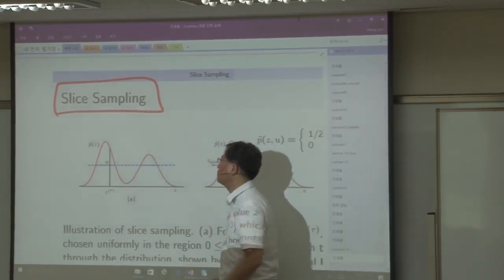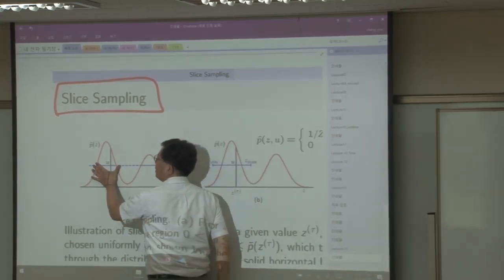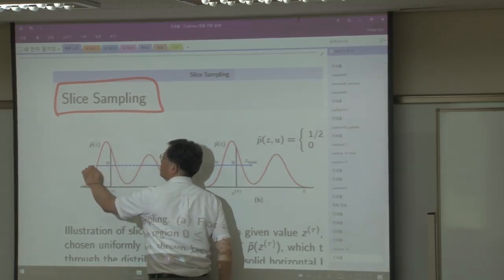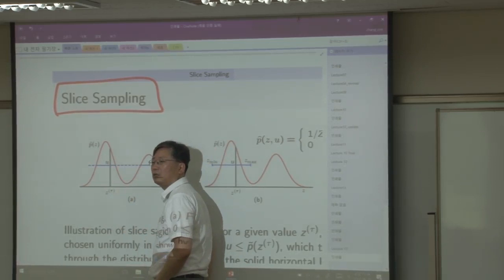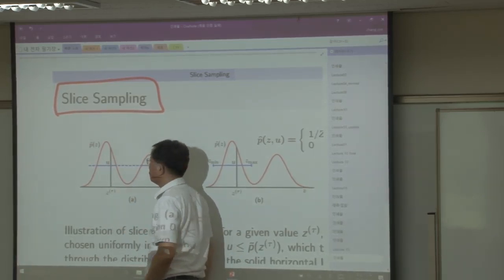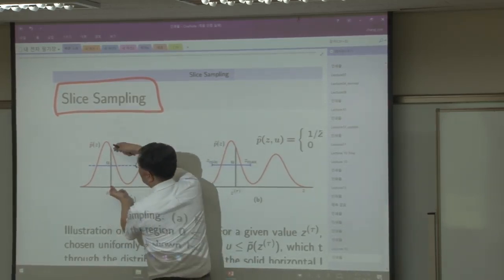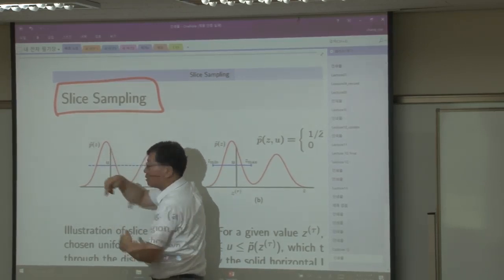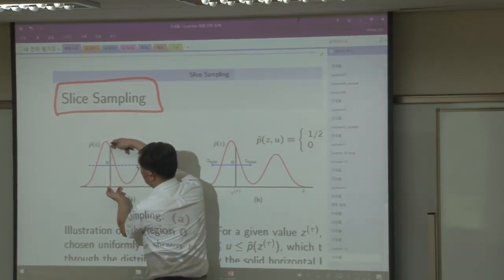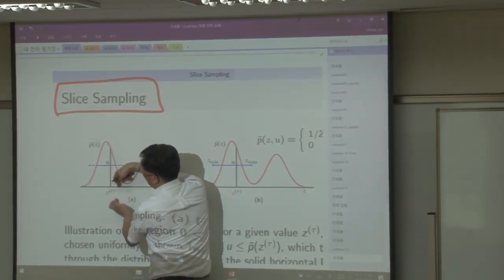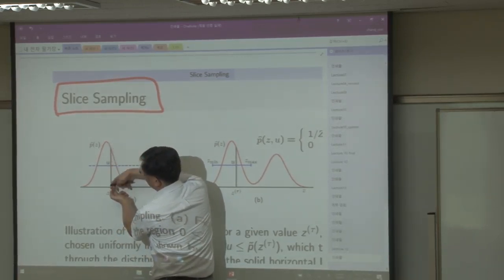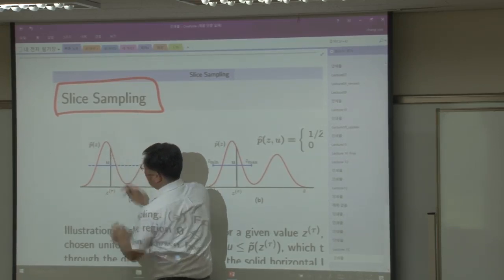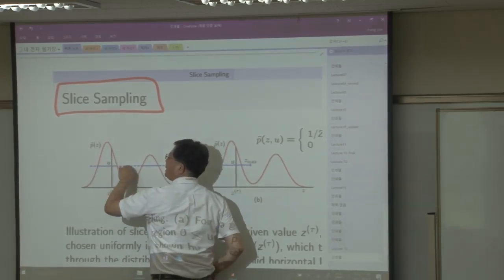Then I sample again across this slice. Okay? So it's two samplings. I have the algorithm in the next slides. You assume that this is uniform. You sample, you get U, and across this slice.